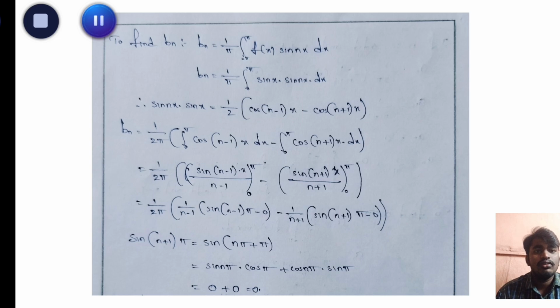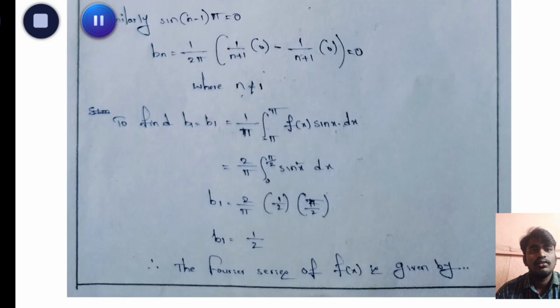Here bn equals 1 by 2 pi of 1 by n minus 1 into sin of (n minus 1) pi minus 0, minus of 1 by n plus 1 into sin of (n plus 1) pi minus 0. Therefore sin of (n plus 1) pi equals sin of n pi plus pi, which equals 0.